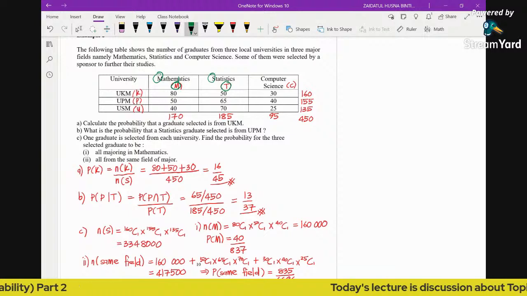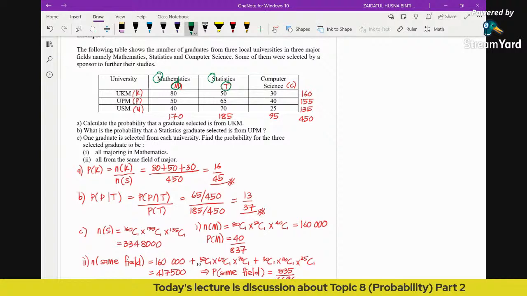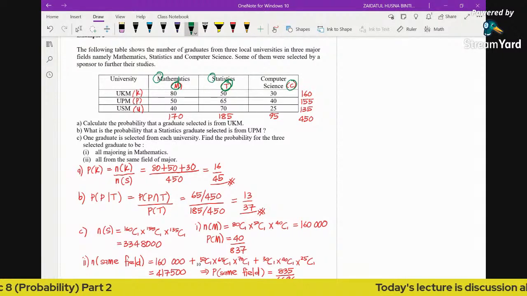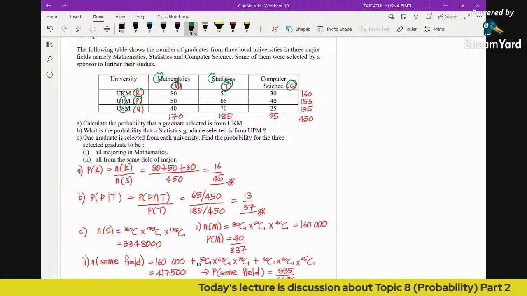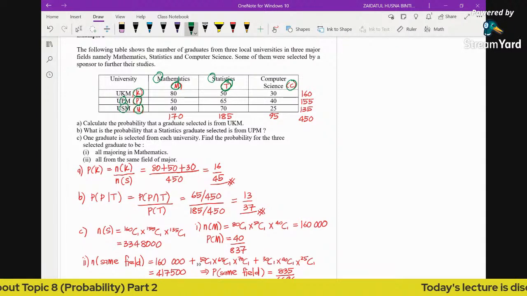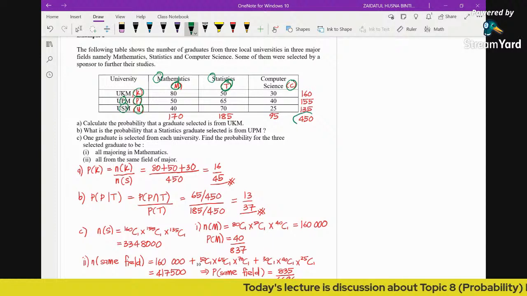Because S is usually used for sample space, so we try to avoid using capital S. And then computer science, I use letter C. While the UKM here, I use K. UPM here, I use P. And the USM here, I use U. Again, why didn't I choose S? Because S is commonly used for sample space, so again, we need to avoid using S, where this is actually the n(S).